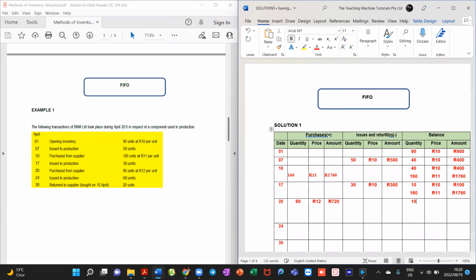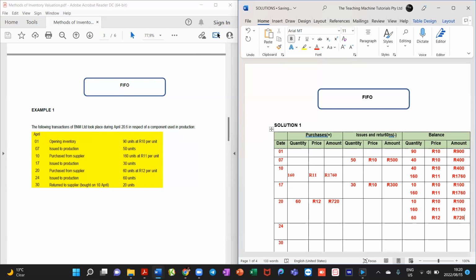Let me just rewrite 10 times 10 rands. It's 100 rand. 160 times 11. It's 1760. And then the new batch that consists of 60 units at 12 rands, and then 720.